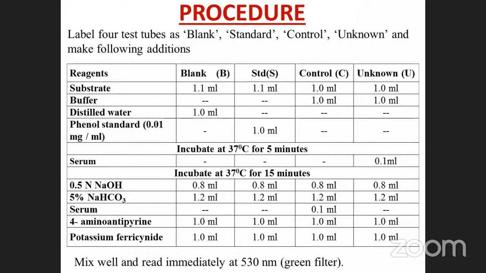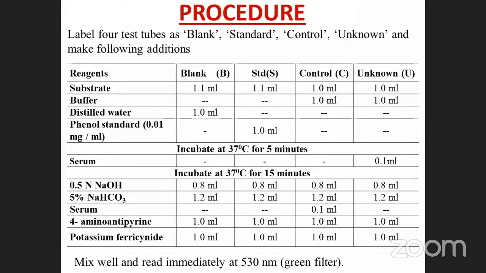This factor is used for the calculation purpose. In 15 minutes, how much phenol is liberated by enzyme activity? Here, we are providing a sufficient amount of substrate, disodium phenol phosphate. And production of phenol and phosphoric acid depends on how much enzyme is present in serum. Understood this statement? If enzyme activity is low, a low concentration of phenol is liberated.